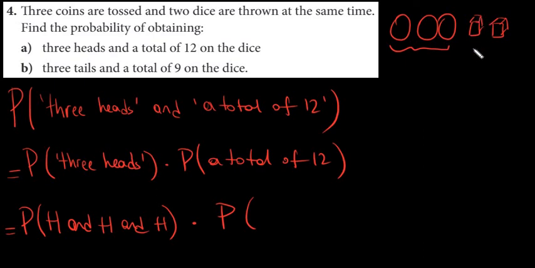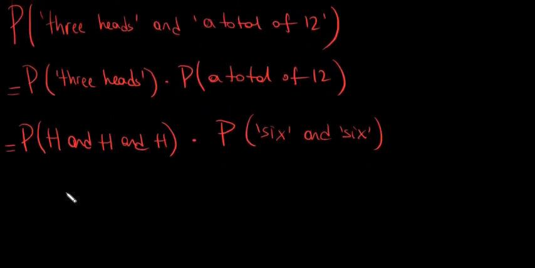So I have to have 6 and 6. It becomes and, right? Now, these three are independent events, so I can use the multiplication rule.